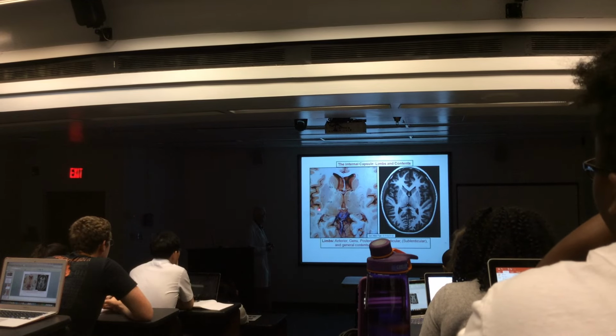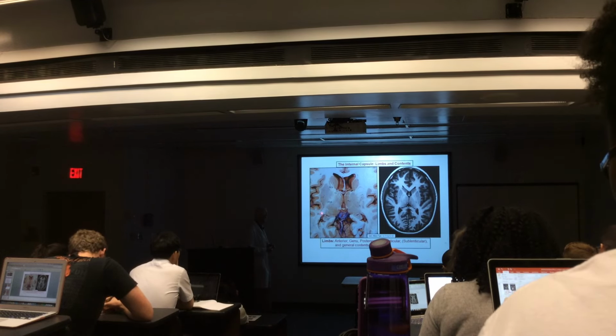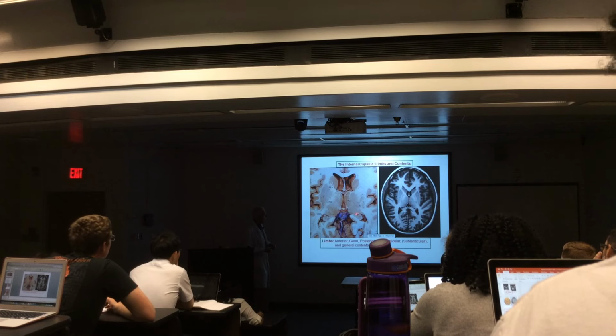The retrolenticular limb is the white area right here immediately caudal to the lenticular nucleus. Retrolenticular, behind the lenticular nucleus. And the last one, the sublenticular limb, actually goes from the medial geniculate body somewhere in this area here, underneath the lenticular nucleus and over into the temporal cortex.